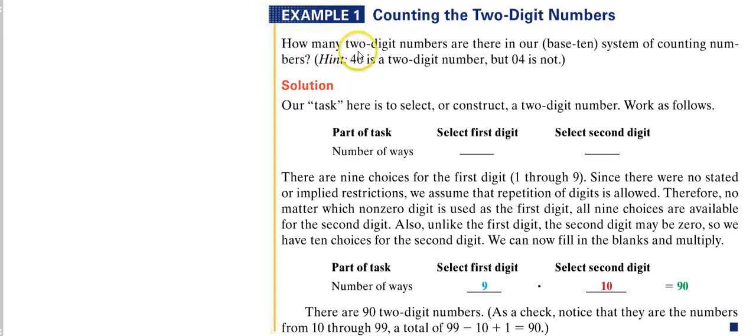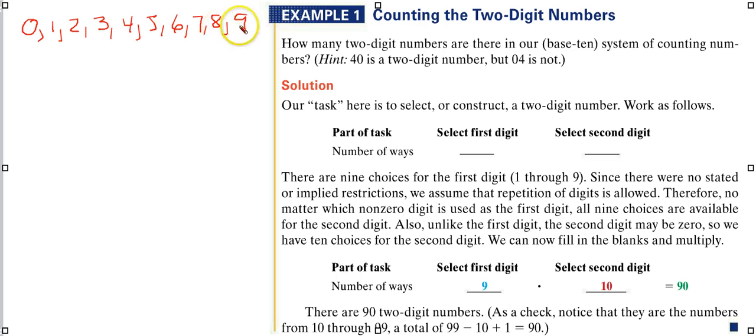How many 2-digit numbers are there in our number system, which is base 10? And you may or may not realize this, but these are the symbols that we use in our base 10 number system. A 0, and then these symbols.